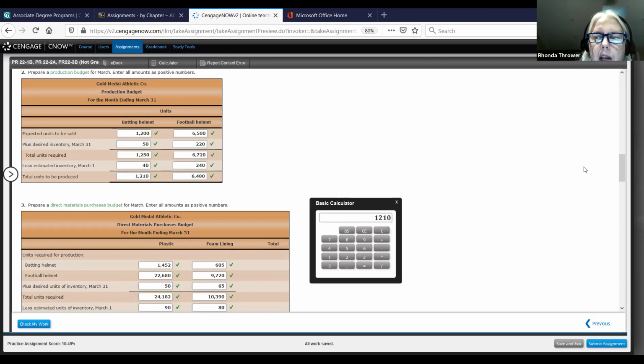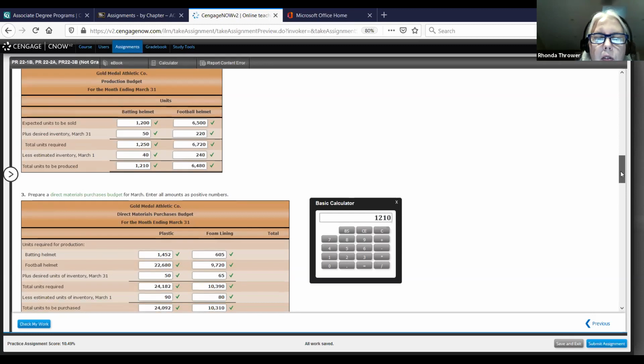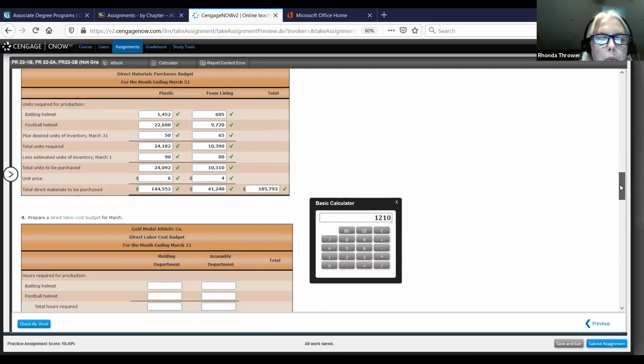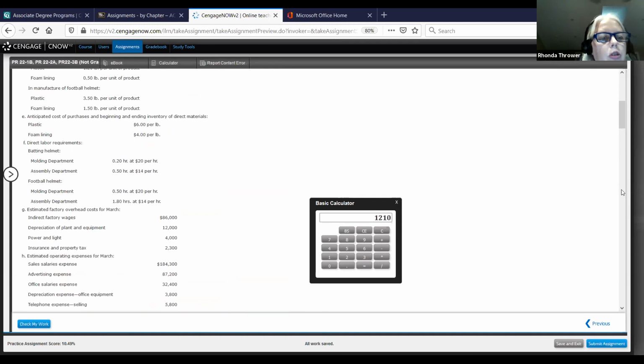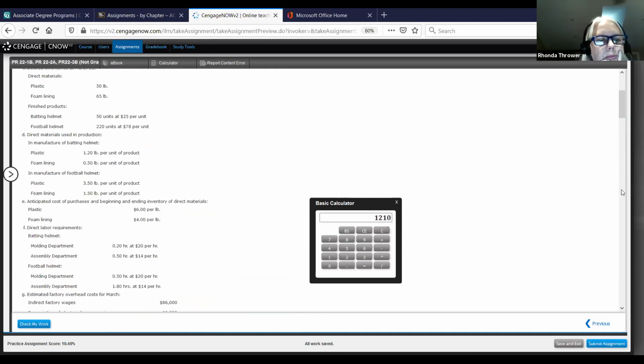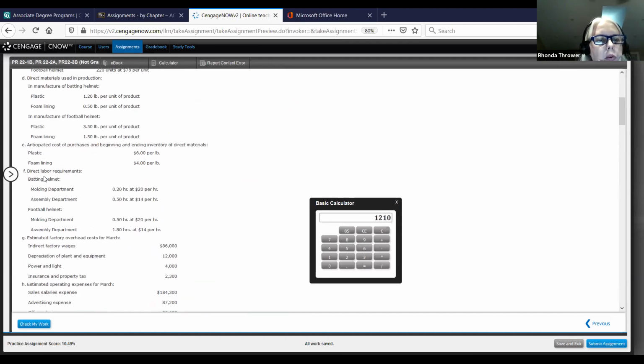I'm trying to find out how much time it takes to produce the batting helmets in the molding department. So I'm going to look at my given information. And my direct labor requirements comes from Part F. And we're talking about the batting helmets, and we're talking about the molding department. And there are 20 parts of 1 hour to produce one of these units.